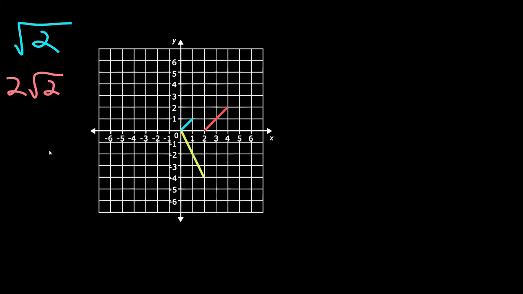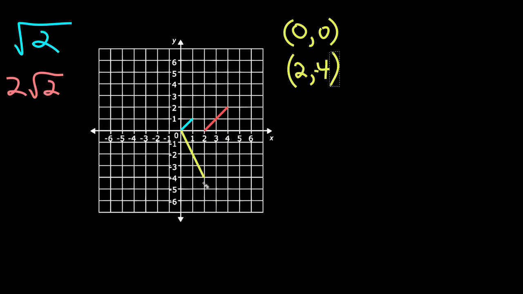But now let's make things a little bit harder. Consider the lime green line. How can we find its length? So we have our start point at 0, 0, and an end point at 2, negative 4.